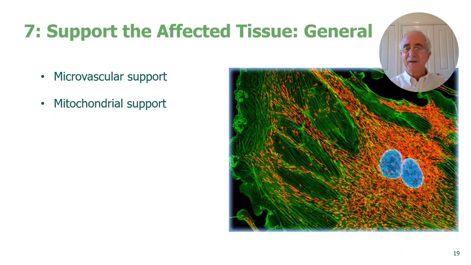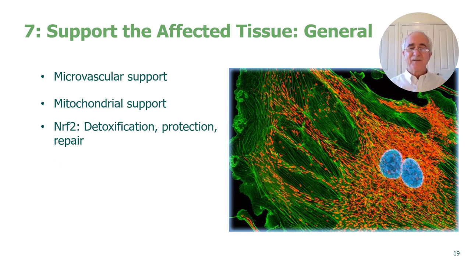Mitochondrial support, another protocol in functional herbal therapy. And the NRF2 herbs, again, another protocol in functional herbal therapy that enhances detoxification, protection, repair, and indeed mitochondrial function. And that way you're supporting any tissue and don't necessarily need a herb that's targeted for that particular tissue.